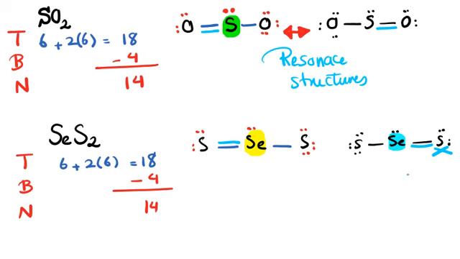So I erase this one. If we count sulfur electrons 2, 4, 6, 8, and for selenium we have 2, 4, 6, 8. Sulfur 2, 4, 6, 8. So we do have 8 valence electrons for each one. It would be same for selenium on the right side, 2, 4, 6, 8, and other sulfur atoms as well. So we are going to have resonance structure. So I could draw resonance structure here.